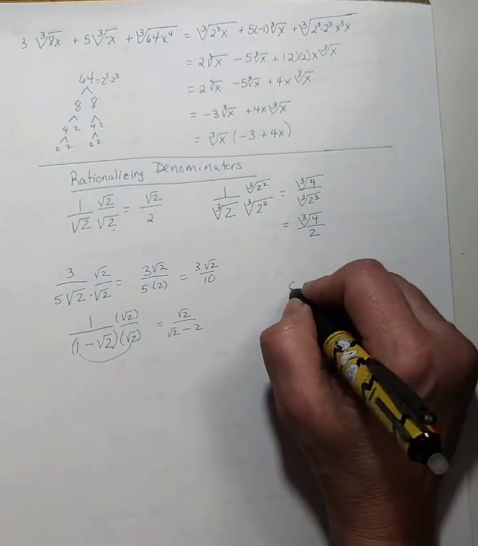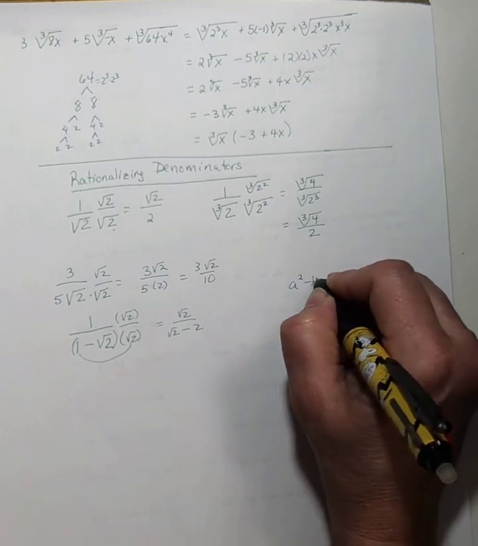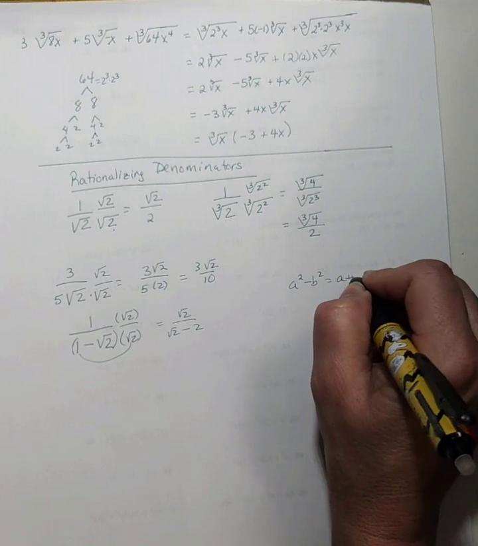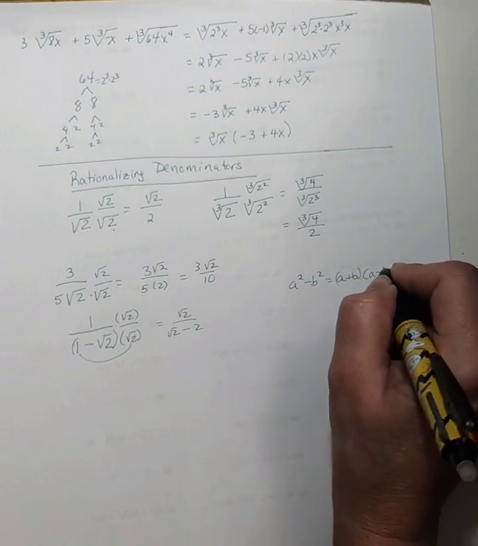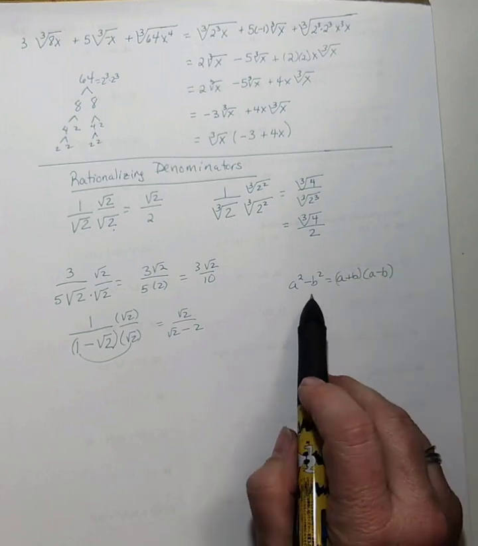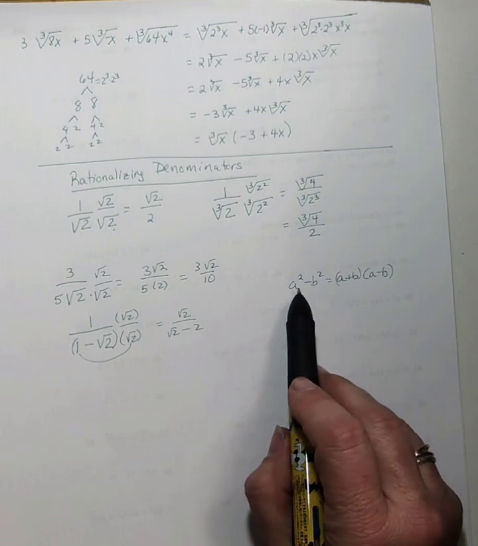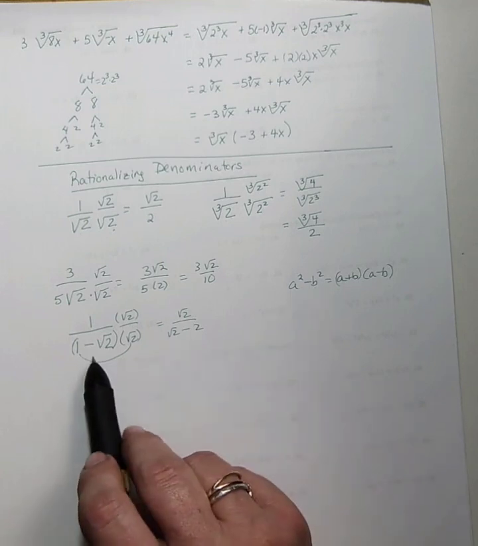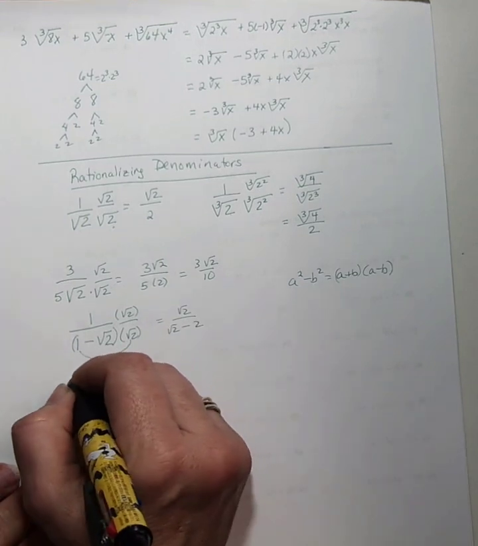And it goes back to the very important difference of squares. We know that that's a plus b, a minus b. So with this in mind, I can get a squared minus b squared here. That would work out great for us.